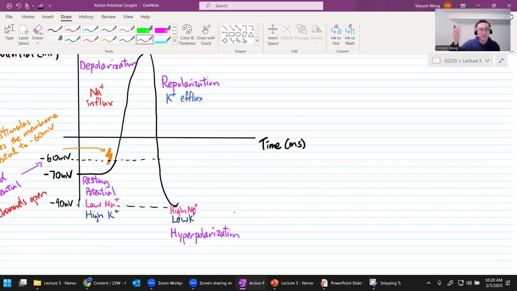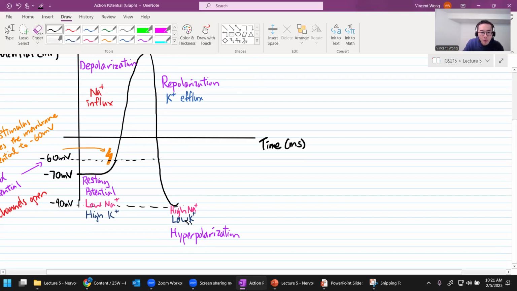You can think of it like that. In the context of what we're talking about, polarization means negative. Okay? So with depolarization, you're making it less negative. Repolarization, you are recreating the negative charge. And then hyperpolarization means you're too negative. Our reference is, of course, the resting potential, right? You're too negative.